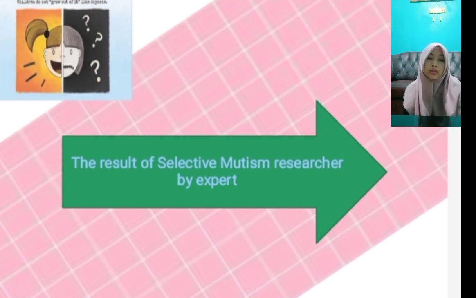In 2018, he found that the ratio of women to men is 2 to 1, while Hayden and Wilkins found that the ratio of women and men with selective mutism is 3 to 1. From this research, it can be concluded that the majority of selective mutism patients are women.